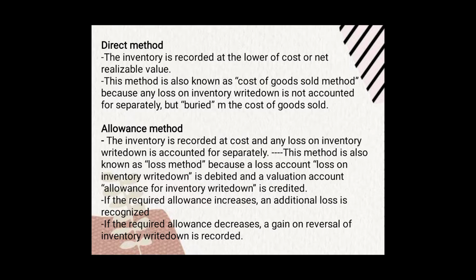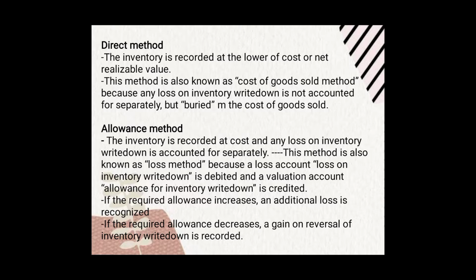So, loss in inventory write-down, this is loss at hindi siya expense. If the required allowance increases, an additional loss is recognized. If the required allowance decreases, a gain on reversal of inventory write-down is recorded.